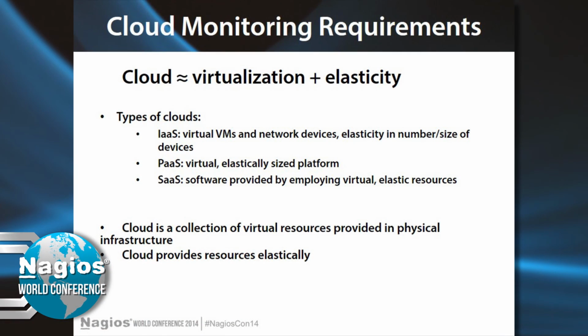What is a cloud? What's different between a cloud and a normal virtualization environment? Well, the cloud provides resources in an elastic way. Elasticity is very important in the cloud, and this is also important when you consider Nagios monitoring, if Nagios has to elastically configure itself to monitor all the cloud resources.